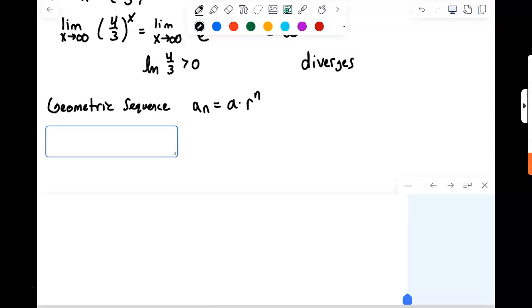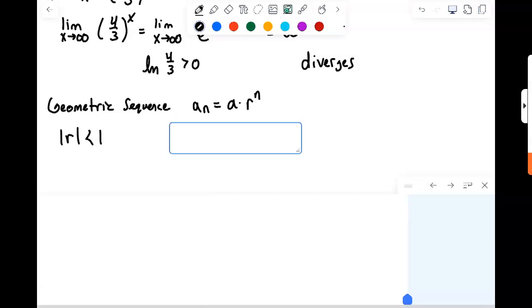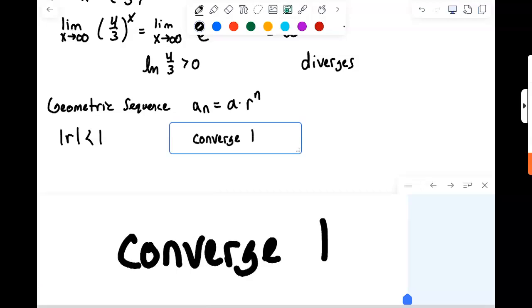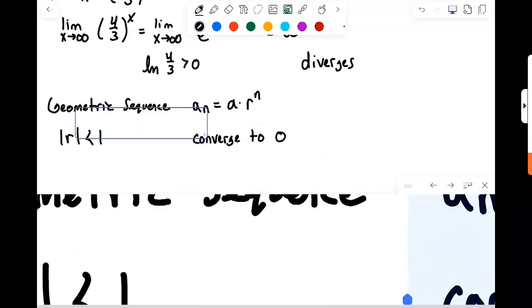Okay. So if the ratio is less than 1, its absolute value is less than 1, then you're going to converge to 0.